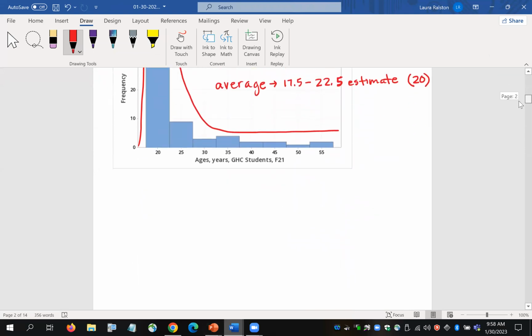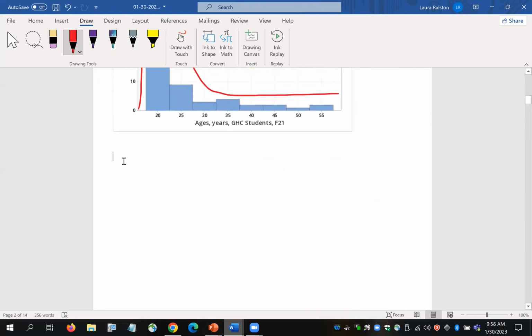Okay, so again, to do anything in Minitab, you have to have the data. So again, we've already entered the data. So I don't have to enter it again. I'm going to just keep using it. It's already there.